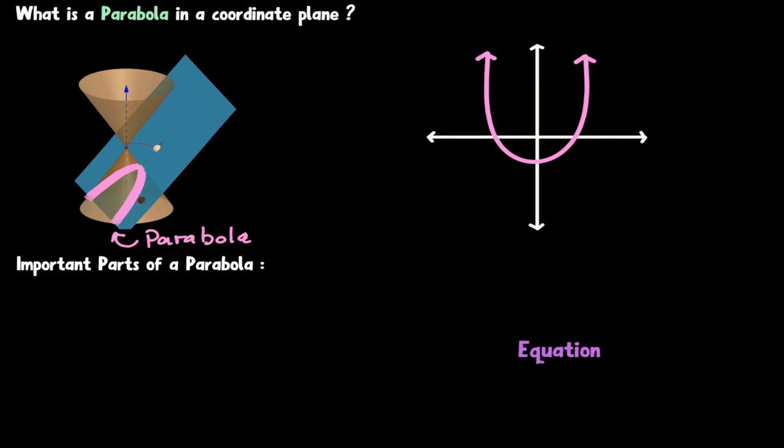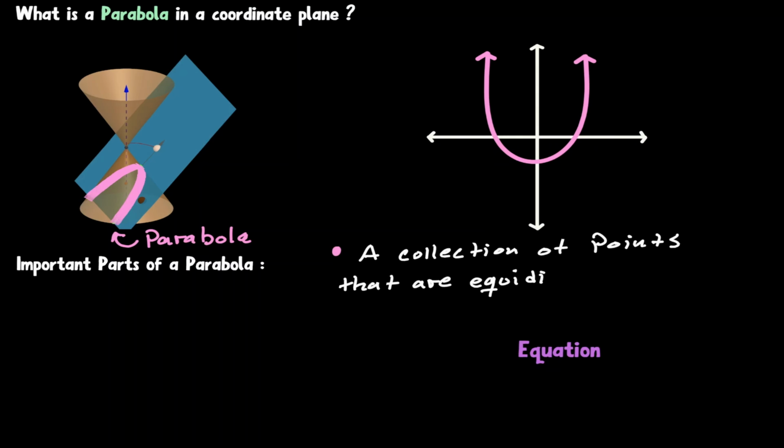We define a parabola in the coordinate plane as a collection of points that are equidistant to a point, which we are going to call the focus, and a line, which we are going to call the directrix.